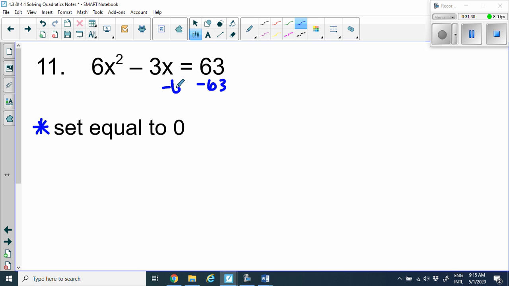Now I cannot combine it with anything because there are no like terms. I can't combine it with the 3x or the 6x squared. So that means I have my 6x squared minus 3x minus 63.